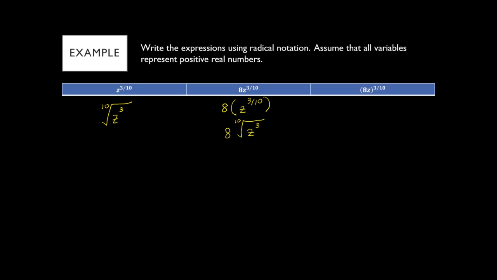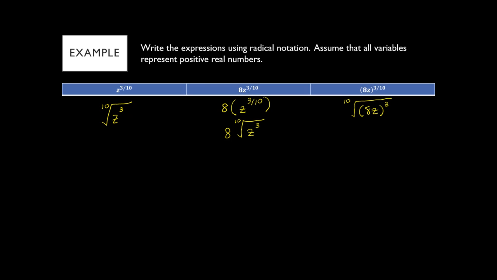Now, on the right, the 8 is in parentheses with the z. So that means when I convert this, the 8 and the z are getting the 3rd power. And then it's to the 10th root.